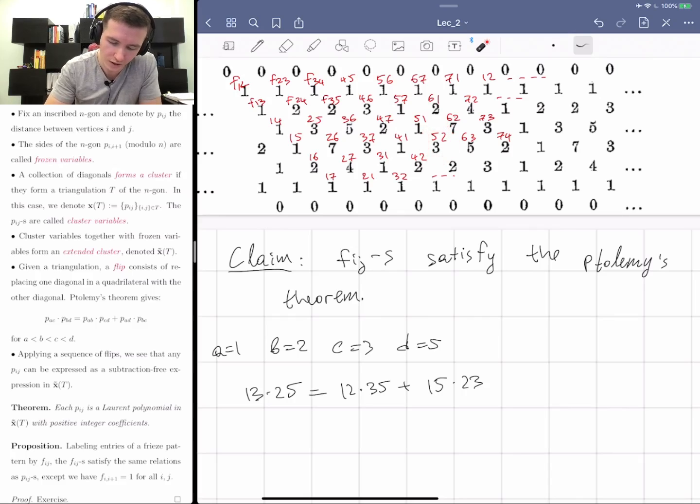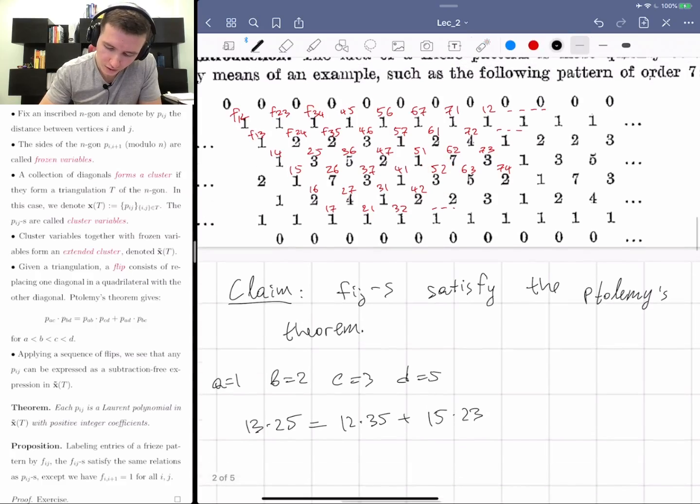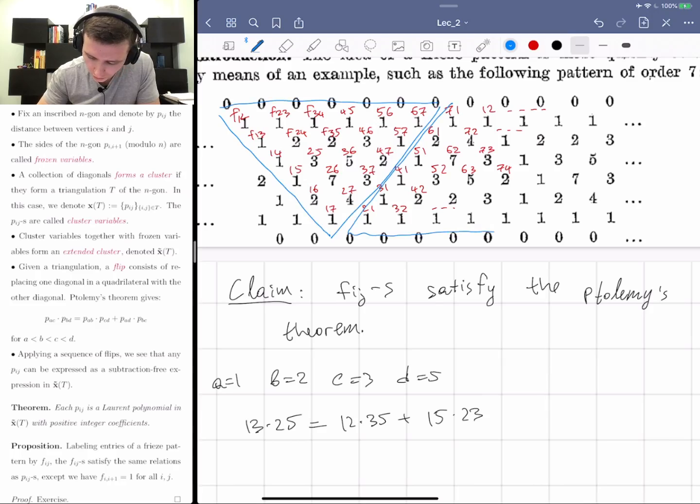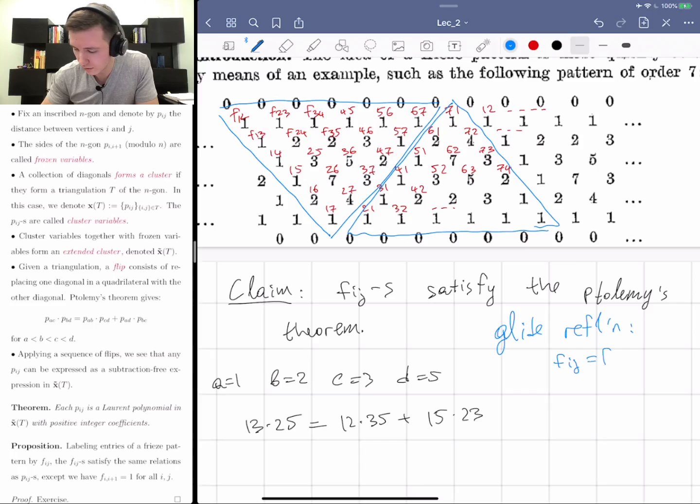By the way, I have this triangle, right, which is then the same as this triangle here. So the glide reflection is just saying that Fij is equal to Fji.